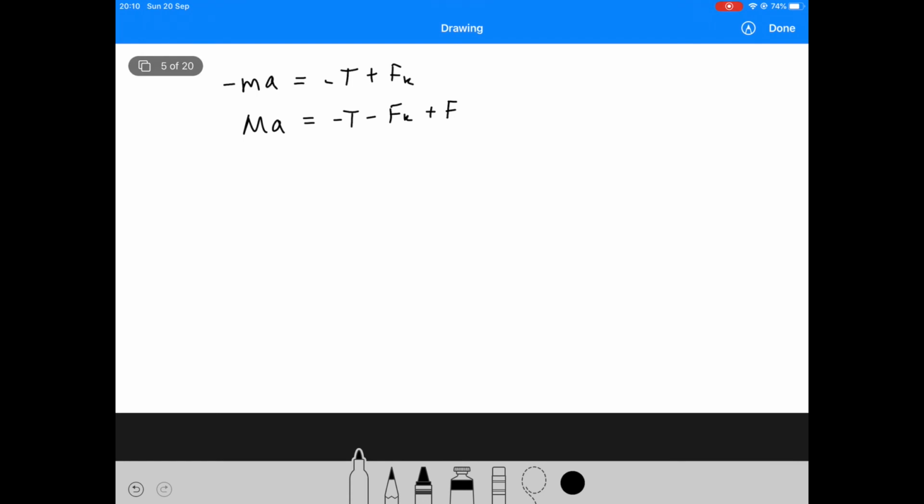Okay, now we can try to solve this equation with respect to our driving force.